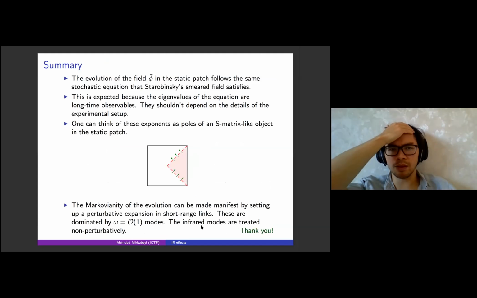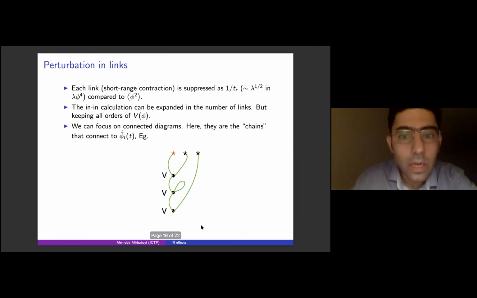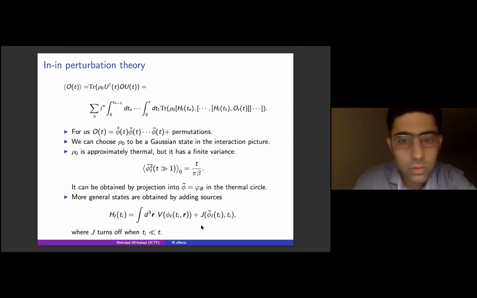Sorry, so where in your setup are there IR divergences of the kind that Matthew talked about showing up? I think I missed that. Yes. So basically, imagine if you try to calculate, so this O operator is the time derivative of phi to the nth. Imagine you want to do some perturbative calculation here.